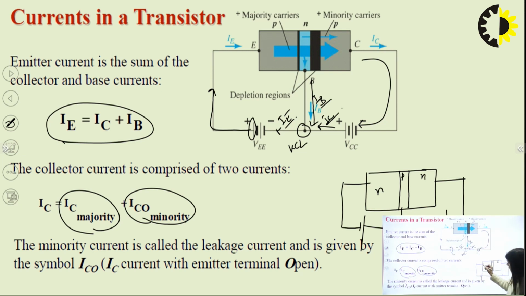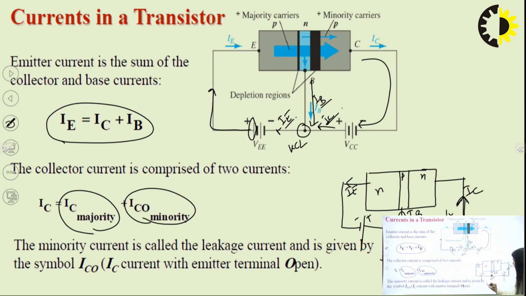Since the emitter current is flowing into the negative terminal of the battery, this should be the direction of IE, and here the current is going out of the positive terminal of the battery, so it should be IC. To satisfy this, the base current IB comes from this KCL point.